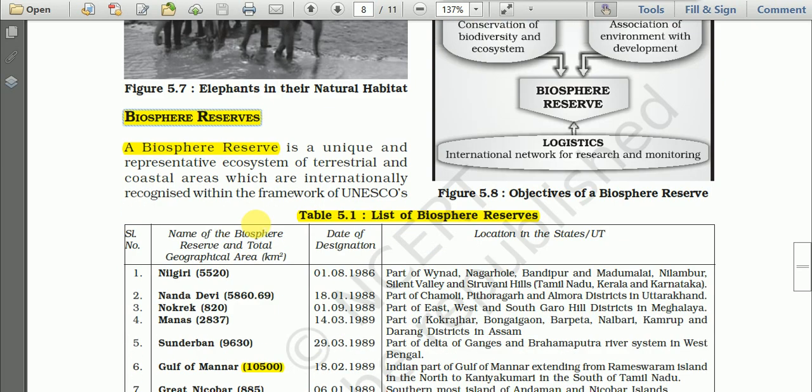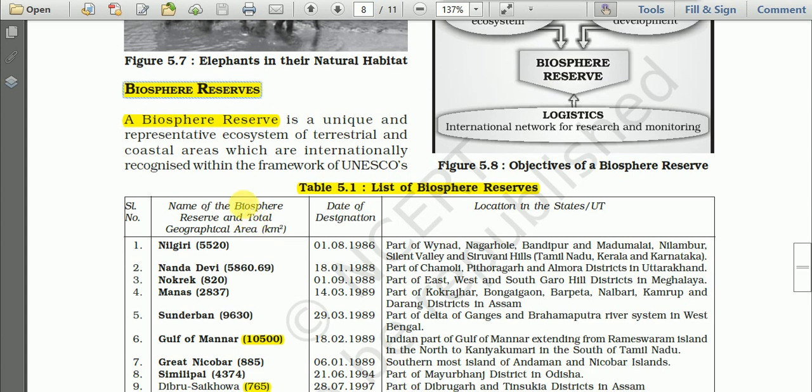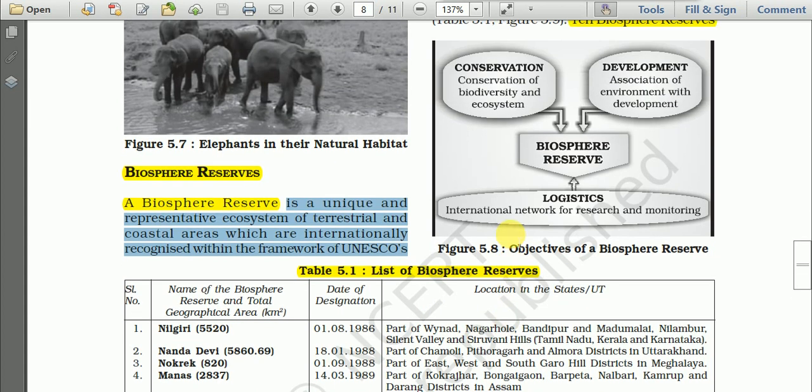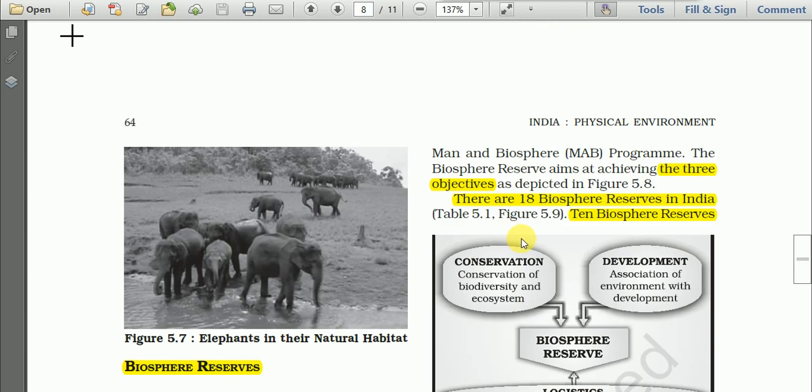Okay, what are biosphere reserves? Let us read. A biosphere reserve is a unique and representative ecosystem of terrestrial and coastal areas which are internationally recognized within the framework of UNESCO's Man and Biosphere Programme.